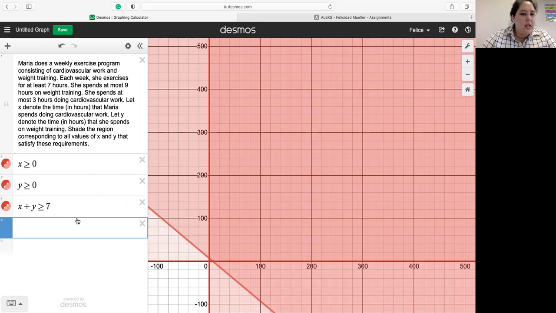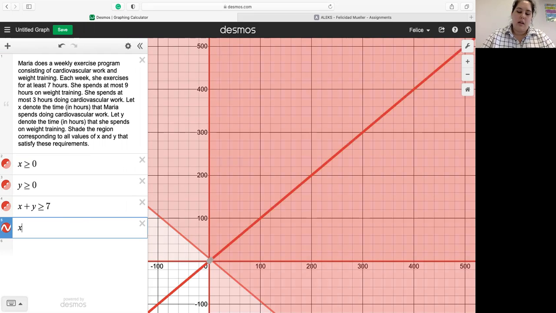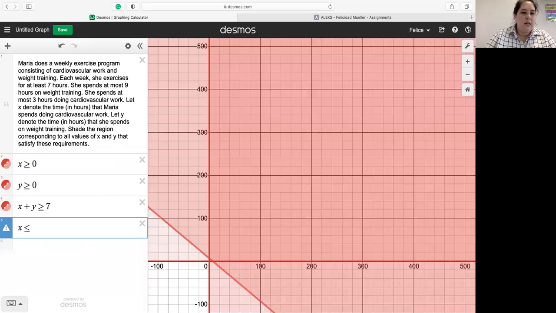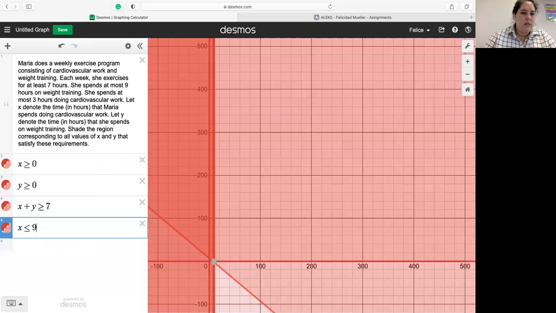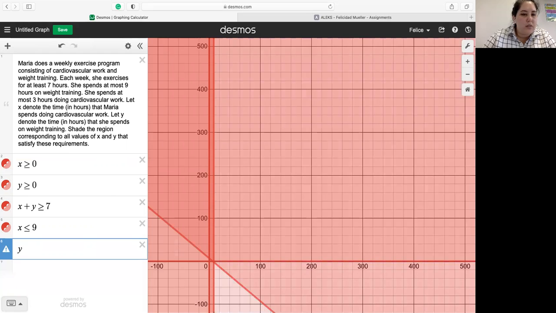All right, and then we have, she spends at most 9 hours on weight. So X is equal to or less than 9. And then we have, she spends at most 3 hours on cardiovascular. So I'm going to make sure. Oh.